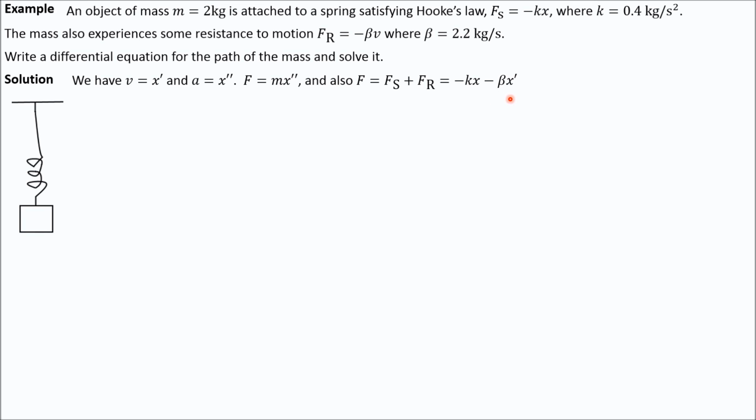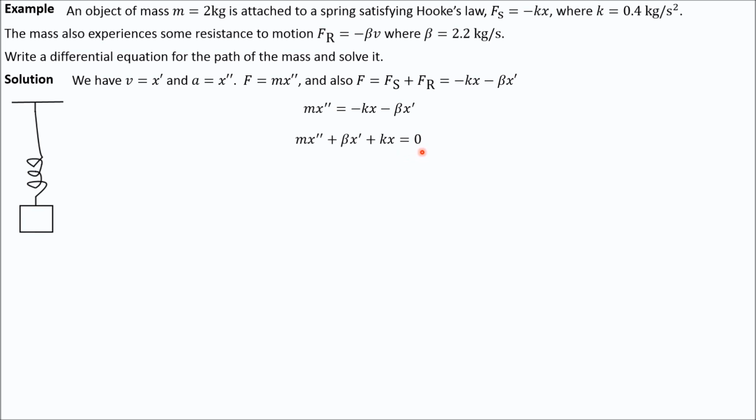So we have these two forces, and so F equals ma turns into this equation. If you move these things over to the left-hand side, you have this pretty simple looking equation, just constant times the second derivative plus constant times the first derivative plus constant times the function itself equals 0.